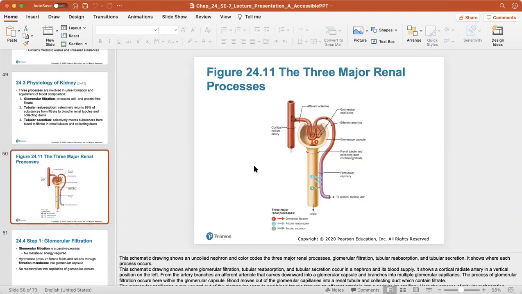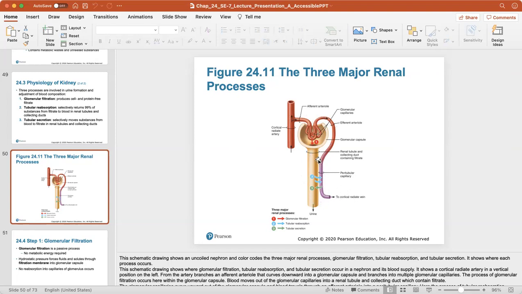Here are the 3 major renal processes and where they occur. So here we have the cortical radiate artery leading into the afferent arteriole, which brings blood into the glomerulus. The glomerular capsule captures all the filtrate that's going through the glomerular filtration step. The efferent arteriole then carries the blood back out of the glomerulus into the peritubular capillary, back into the cortical radiate vein.